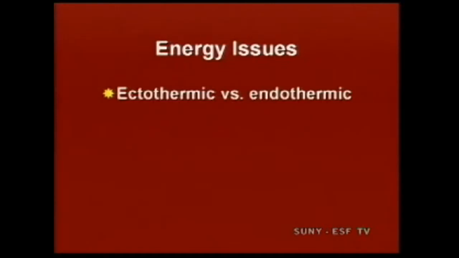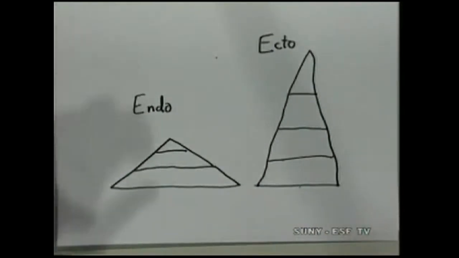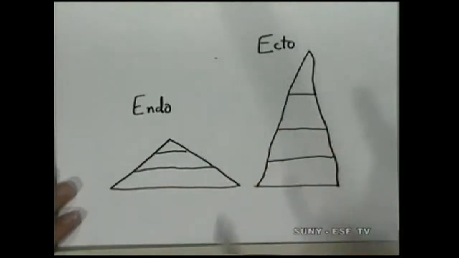Now, let me talk about a few energy issues. One is ectotherms versus endotherms, so cold-blooded organisms versus warm-blooded organisms. How might an ecosystem differ when it comes to energy flow? Let's go back to the document camera. I have two little drawings here of what might happen if you had an ecosystem dominated by endotherms, right here, versus ectotherms. Endotherms heat themselves, so they require a lot of energy to do that.